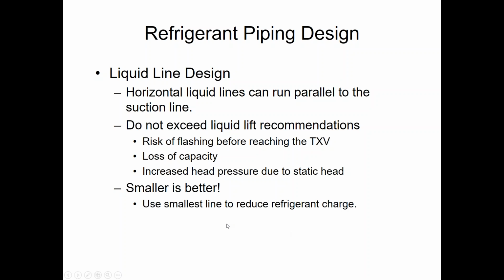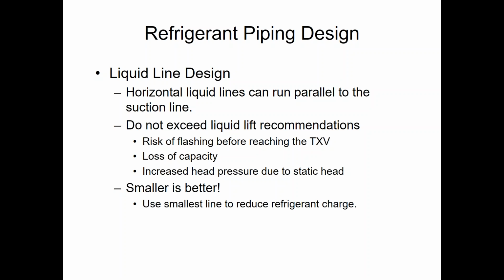Now, of course, pumping liquid downhill is no problem because gravity is on your side, right? But you also have to watch going downhill because that same column of liquid can cause metering devices to overfeed. Because not only do we have the pressure from the compression cycle, we've also got the weight.